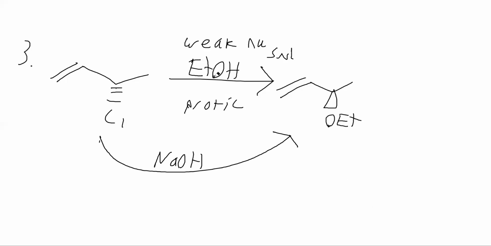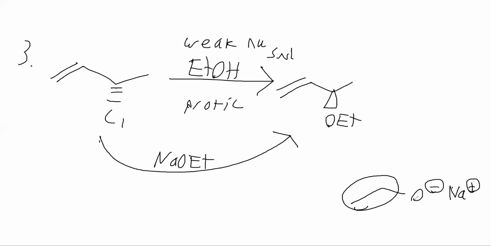So instead of sodium hydroxide, we do want this counter ion, but I can write it like this, NaOEt, and that is just this, because the Et stands for ethyl. This is an ethyl group, and then the negative oxygen.